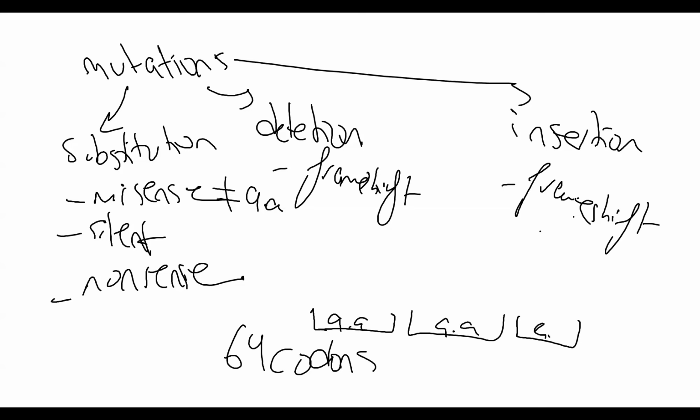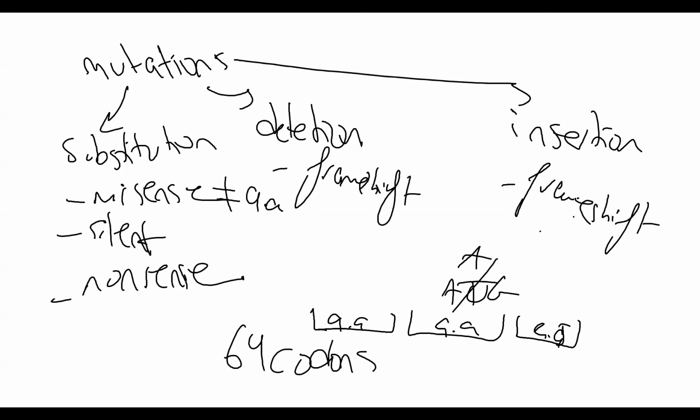So when we substitute one of the bases by another base, it might end up changing the whole amino acid. Let's say it was AUG, and then we substitute the U by A. It will end up as AAG, and then the whole amino acid will be changed. And this means that it's a missense substitution.